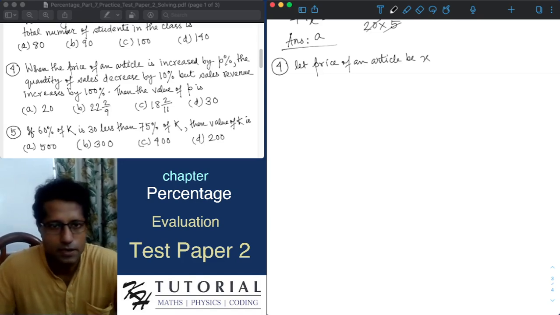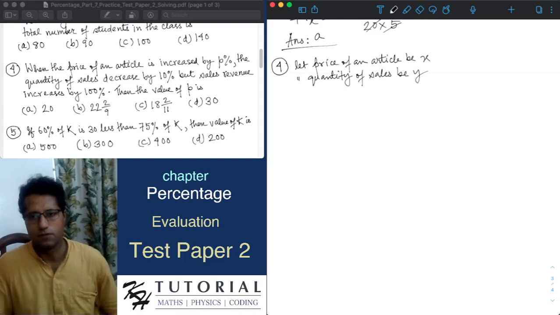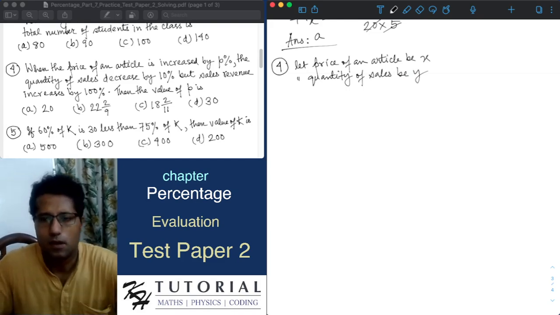So let the price of an article be X. Let also the quantity of sales, when the price of the article was X, be Y. That is, Y number of articles were sold.